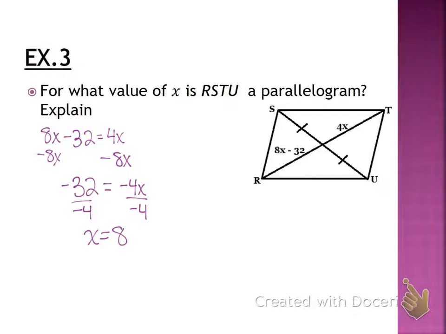How would you explain to me why this would be correct? Kara? If the diagonals bisect each other, it is a parallelogram. Okay, so you could say simply that diagonals must bisect each other in a parallelogram.